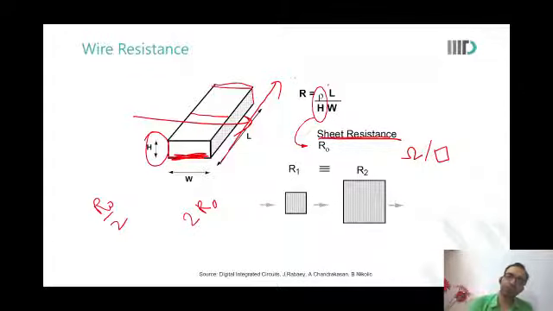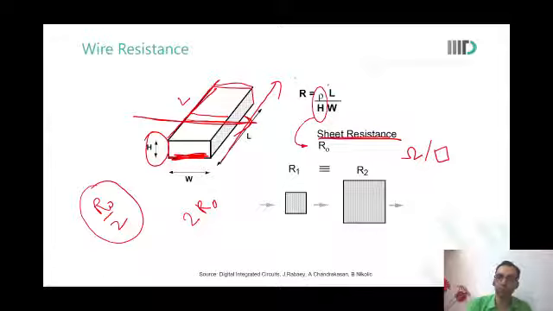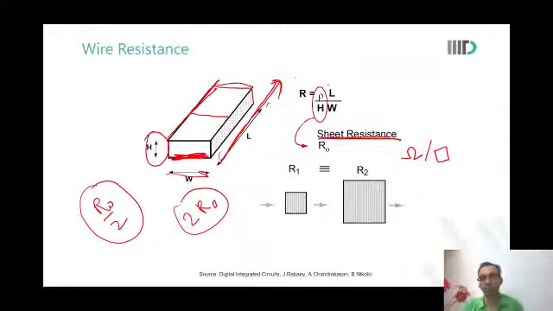When I was moving current in this direction, the width was L, and the length for which I was running was W. So W by L is 1 by 2. That is where R naught by 2. When I'm moving in this direction, my width is W and length is L, and length is twice of W, therefore it becomes 2 R naught.